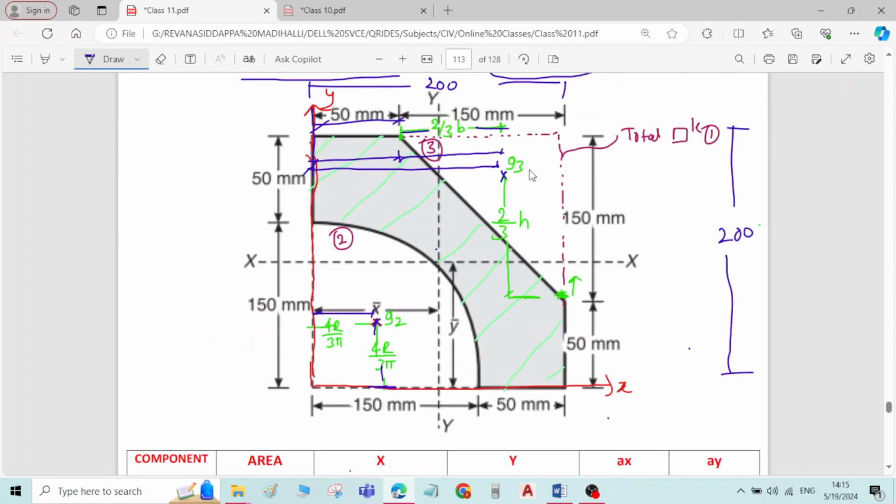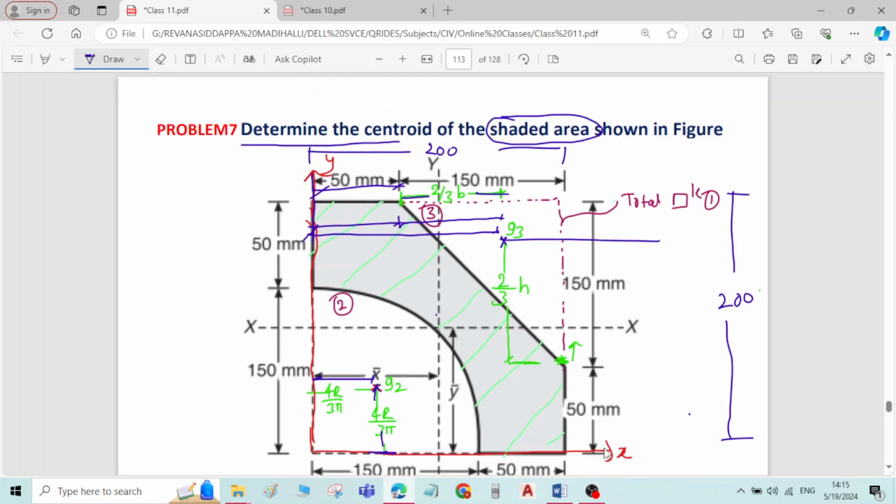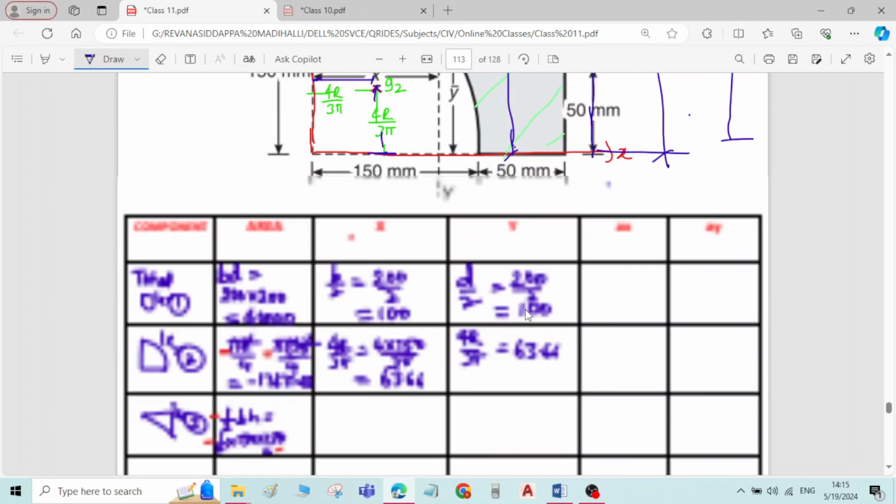Then coming to the y value, which means the distance of G3 from the reference x-axis. This distance is 50 plus 2h by 3.